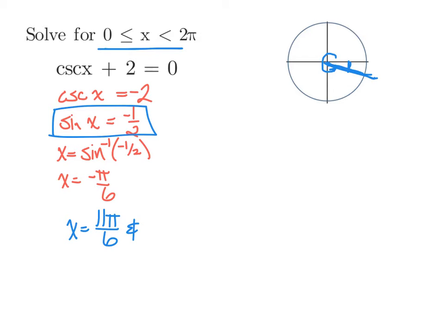Since sine is the y-coordinate, y is negative below the x-axis, so I'd be over here in the third quadrant, which means I need the pi over 6 angle that's in the third quadrant. Thinking about the positive angle from here, that would be 7 pi over 6. That's 1 pi plus another pi over 6.